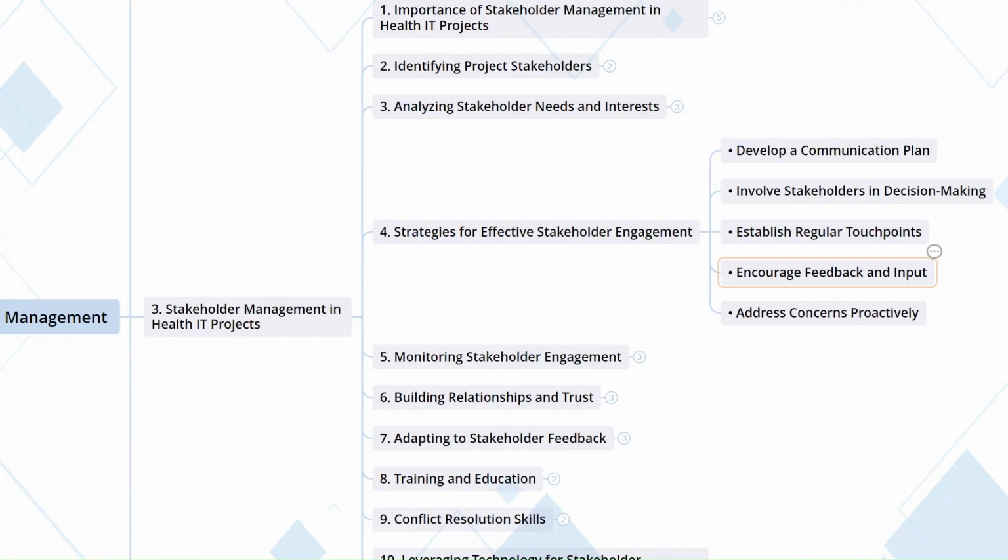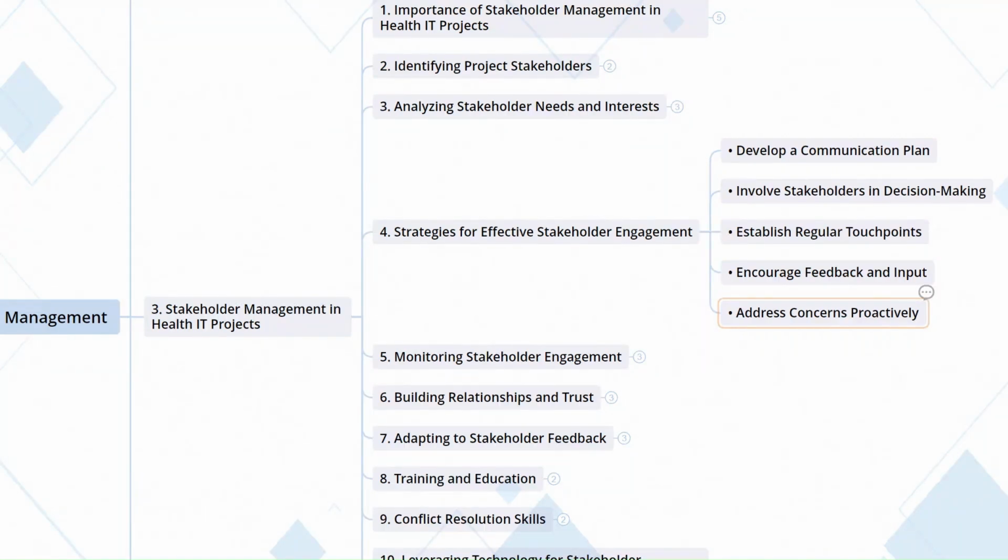Next, encouraging feedback and input. Creating channels for stakeholders to provide feedback ensures that their voices are heard. This input can be gathered through formal mechanisms like surveys or informal discussions to maintain an ongoing dialogue.